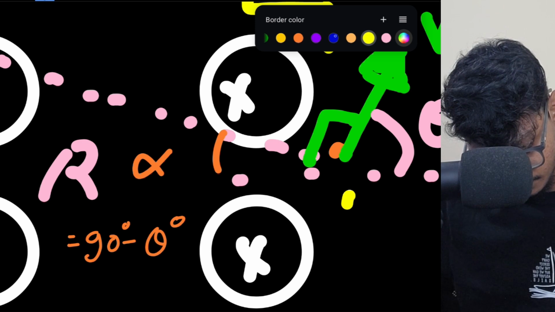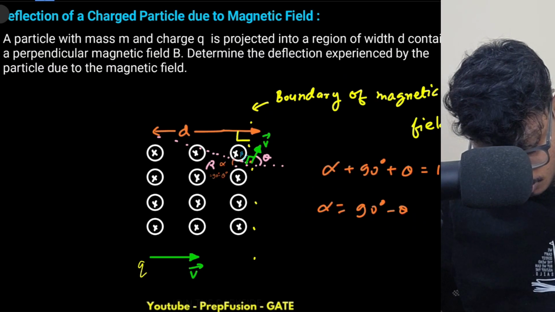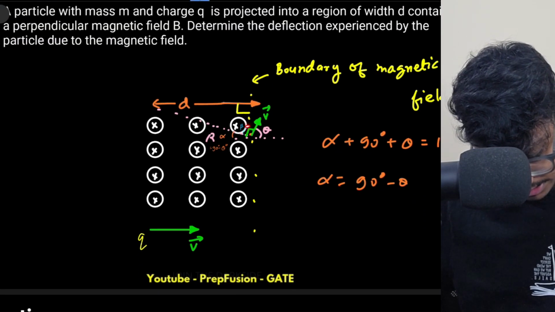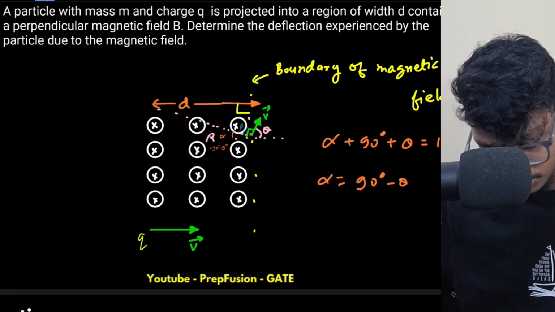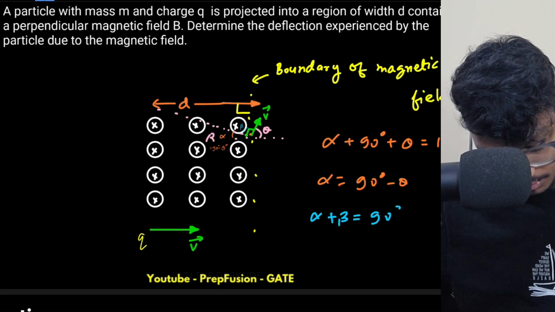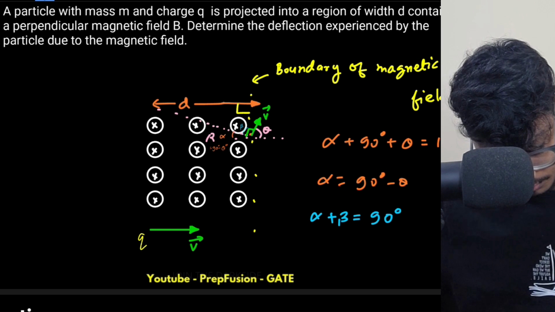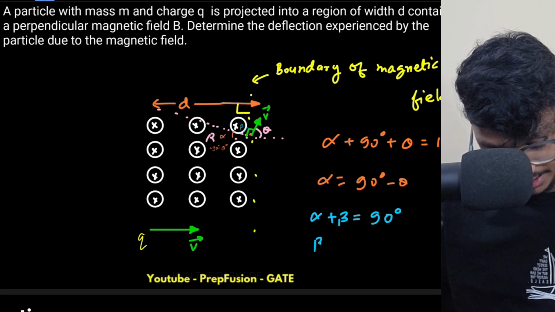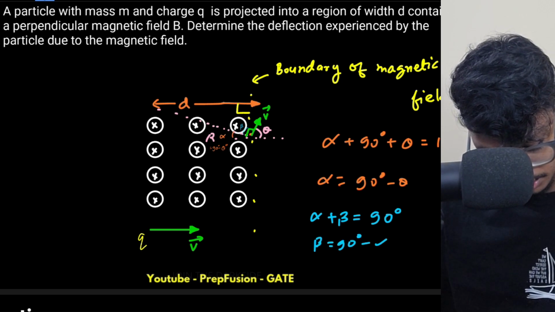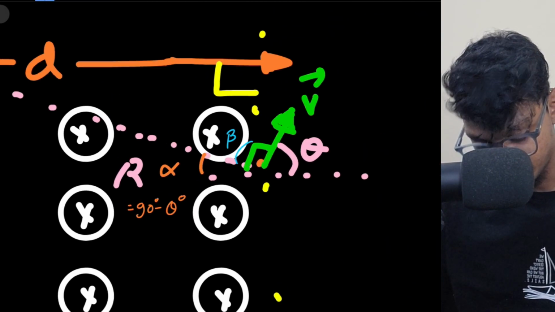I'm just running out of colors now. This angle is 90, right? This is just a perpendicular. So alpha plus beta equals 90. So if alpha plus beta equals 90, then beta is equal to 90 minus alpha, which is theta itself. So this angle beta is simply theta.